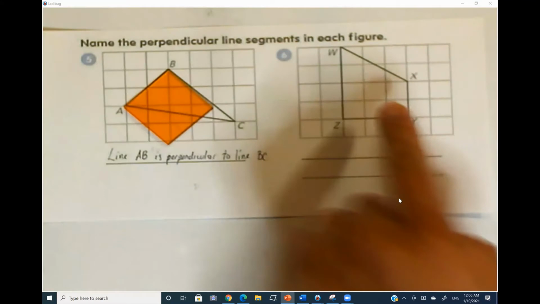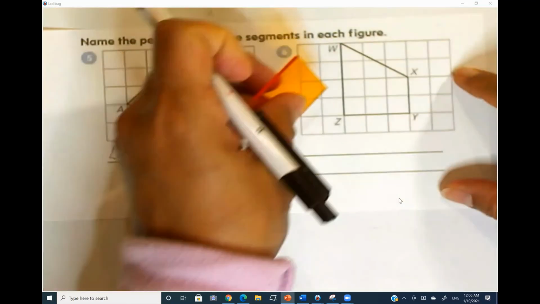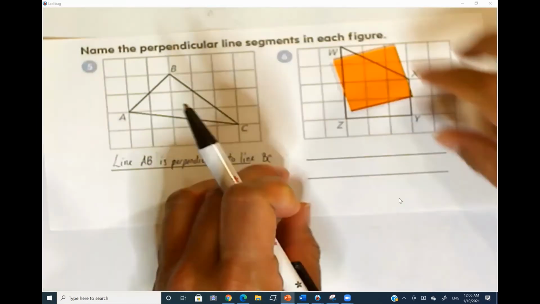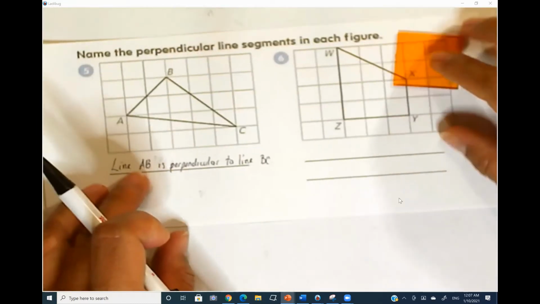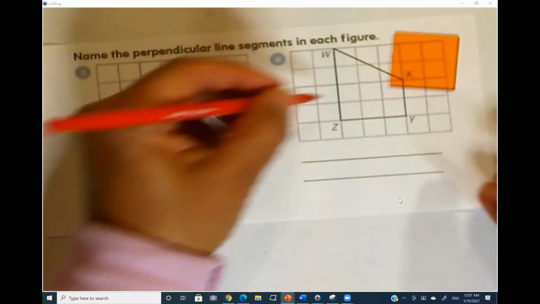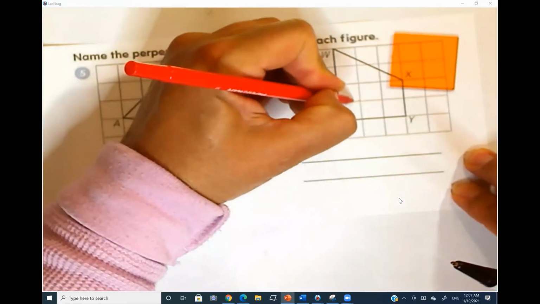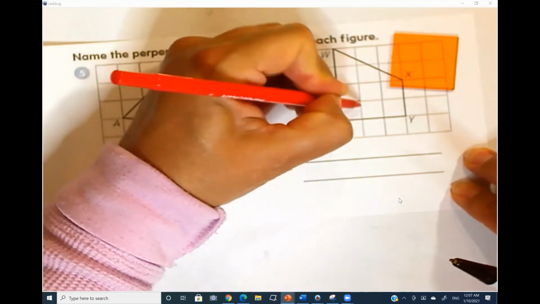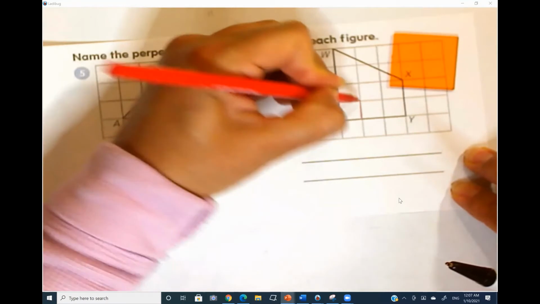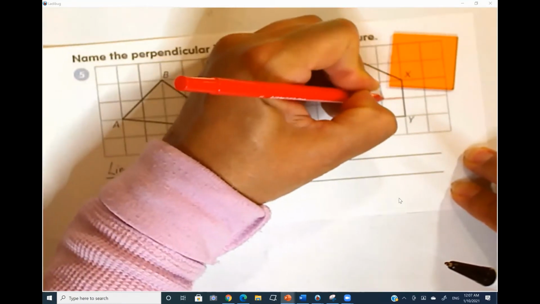Now let me go to the next shape, and I can notice, wow, this one has a couple of sets of perpendicular lines. If you notice here, you can see that the squares up here are already building the perpendicular lines because I can fit a square here. You notice this is a square, and I can fit another one here.